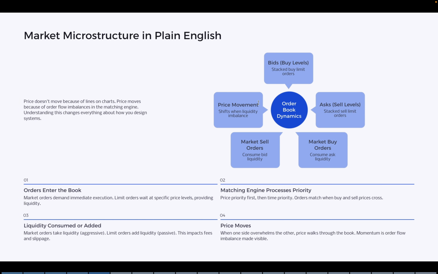Why? Because, let's simplify this, let's say at a price of $100, I have bought five contracts, right? So I have bought five contracts at an entry price of $100, and the price moved to $101. Now, it does not mean that the price has moved to $101 because there were more buyers.